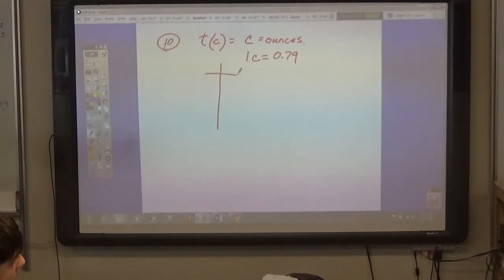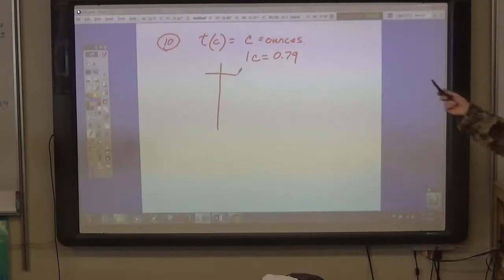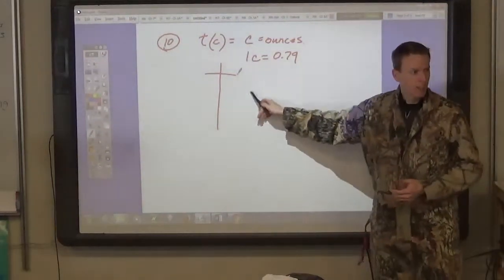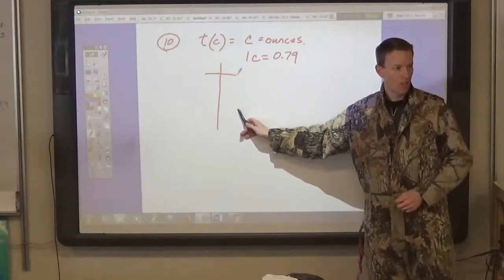We don't know what to do if we don't copy the notes as well, because we don't know what you're talking about. But you can copy the notes later. You can't listen to me later, Bailey. You can copy the notes later off the board, but it's more important to follow along with these examples that I'm showing you so you know how to do the homework.